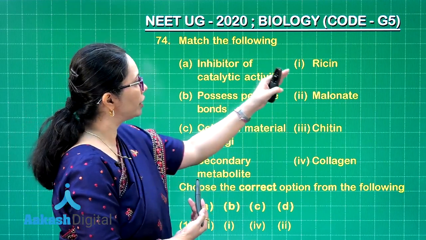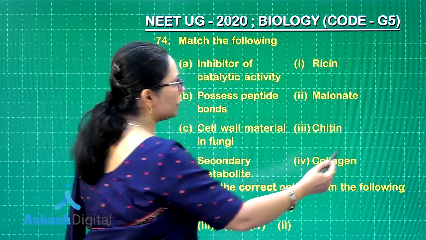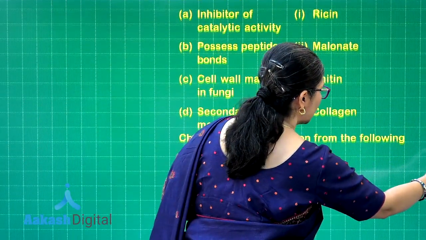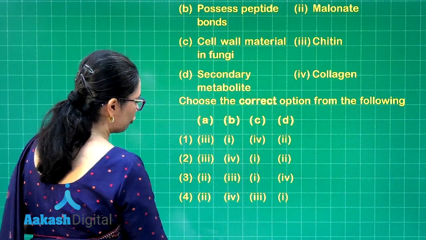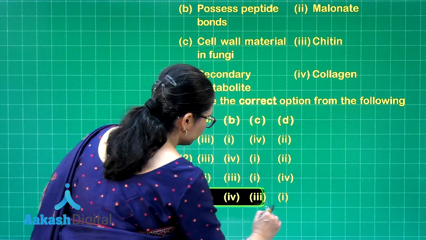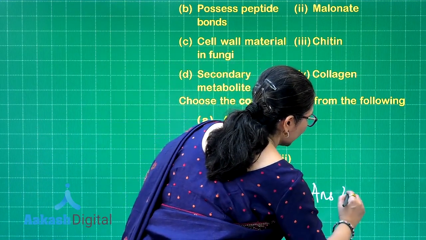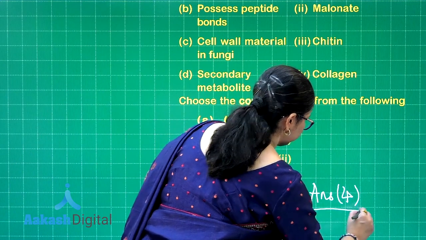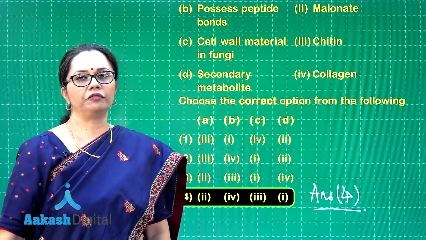So that one here is ricin, which is produced in the castor plant. If we see the options available, all correct matches are in option number 4. So this gives us option 4 as the right answer. Now let us move ahead with the next question.